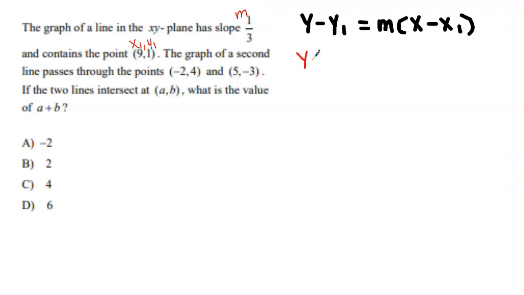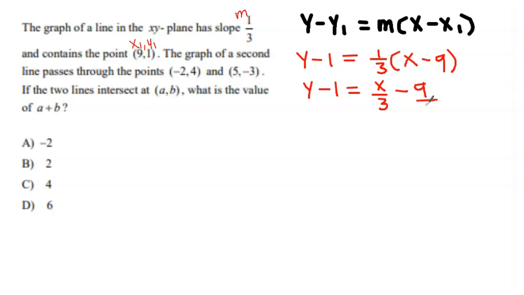So y minus the y component, which is 1, equals the slope 1/3 times x minus 9. Here let's remove the parentheses. We multiply 1/3 times x, which gives us x over 3, and here 9 over 3 becomes 3.